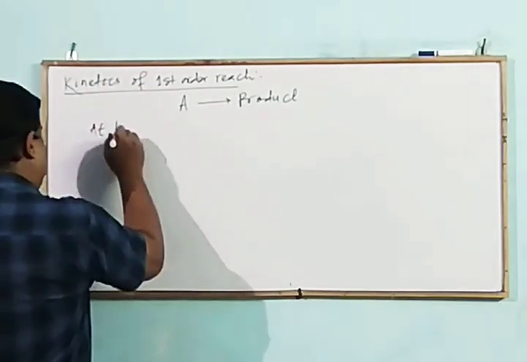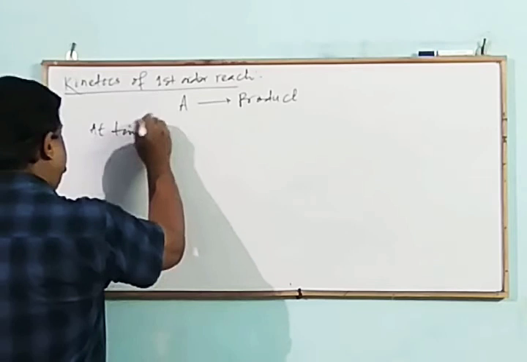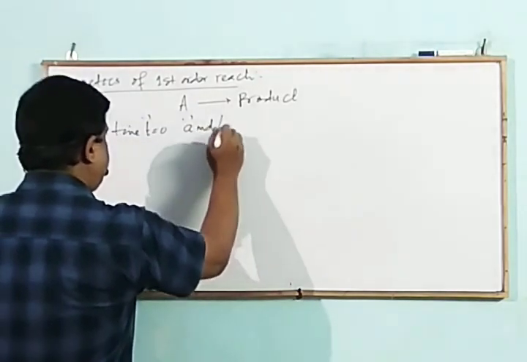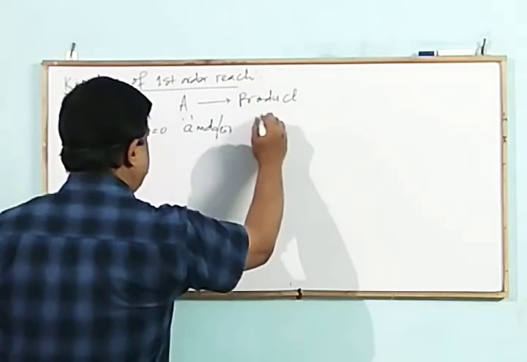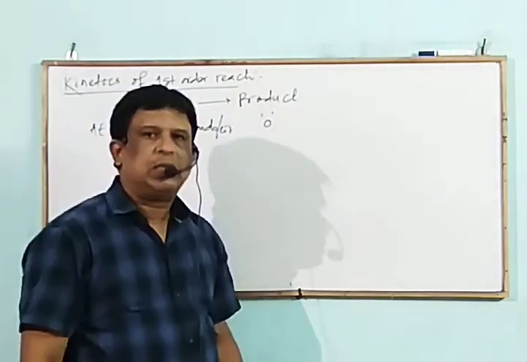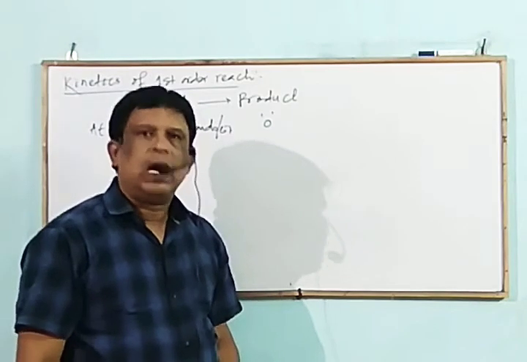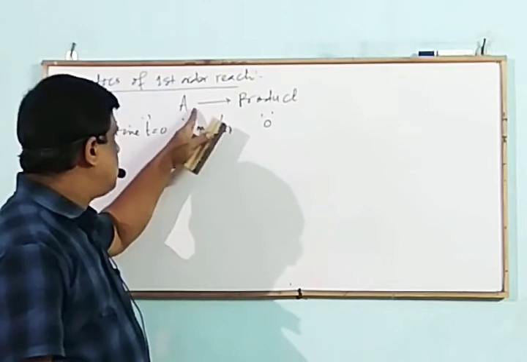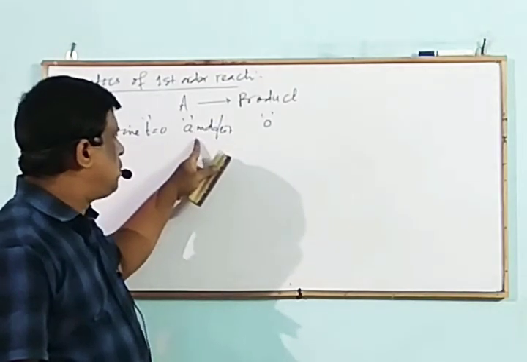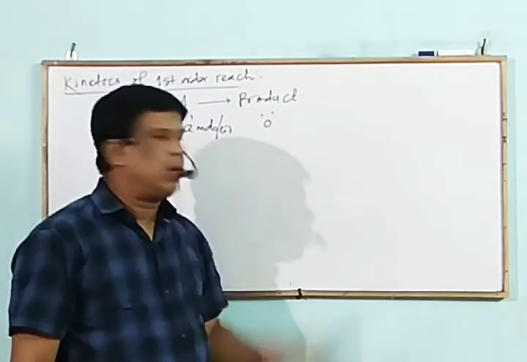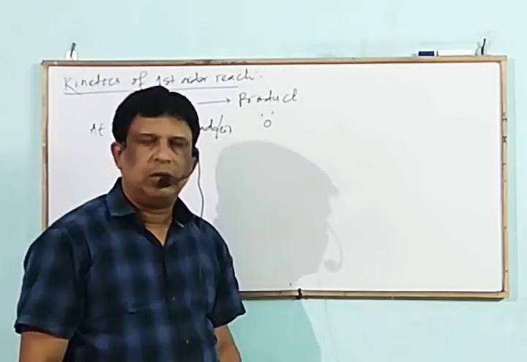At time t equals 0, it is a moles per liter and product is 0 moles per liter. At t equals 0 the reaction does not proceed, that is the initial state. Since the reaction does not proceed, there is no product, so product concentration is 0.